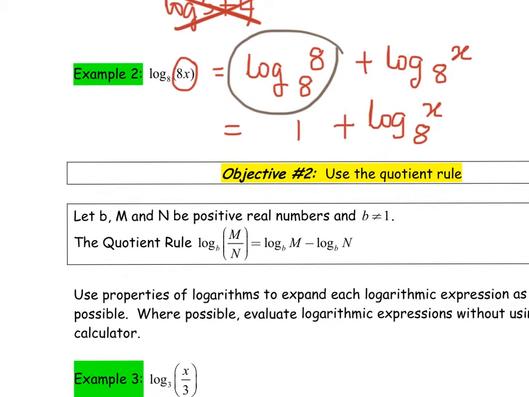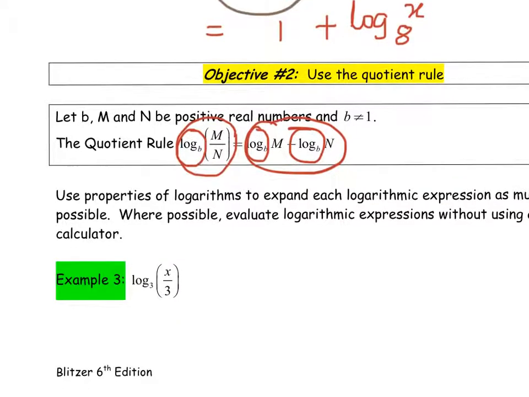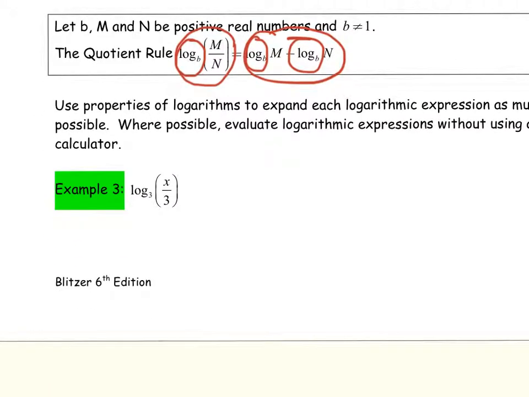That is the multiplication rule of logs. Now going to the quotient rule. If multiplication becomes addition, division would become subtraction. Single log would become double log. All right? Now let's go ahead and work that one out. So I have log x over 3. So I know single log now becomes double log.